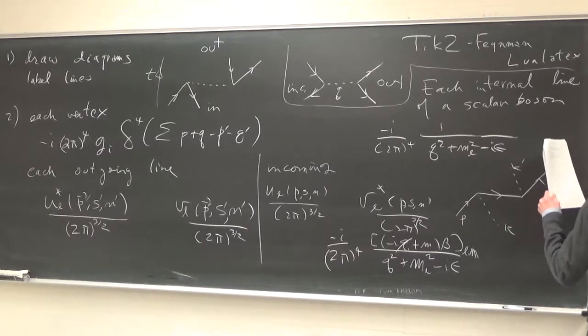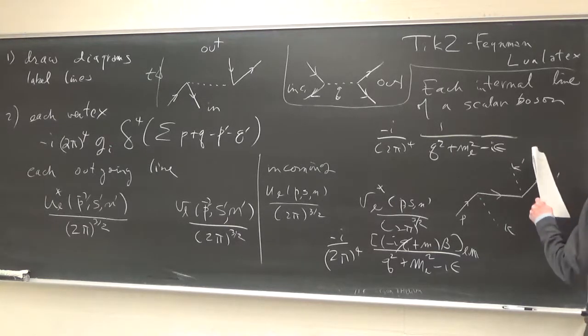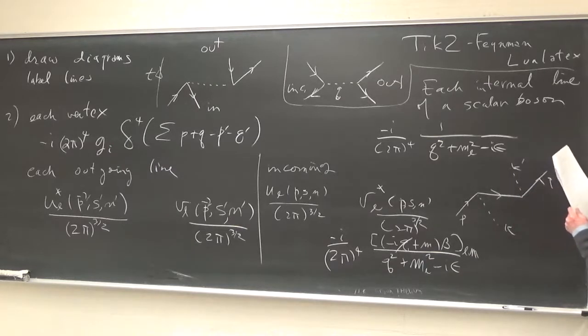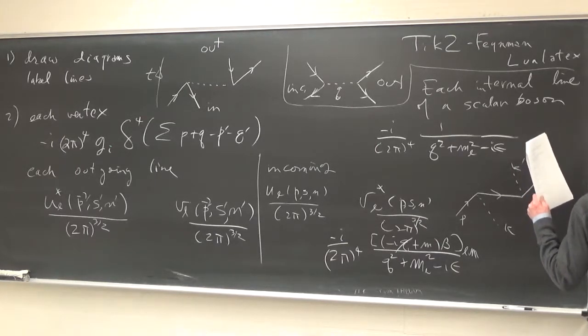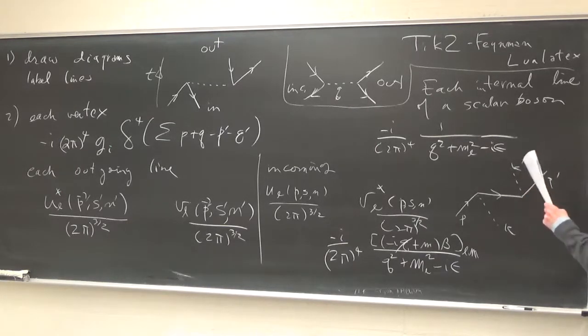Well, actually it's q, that's a typo. Over again, q squared plus m_l squared minus iε.